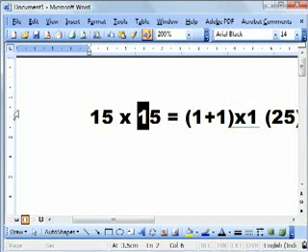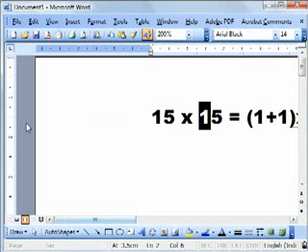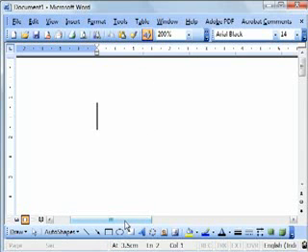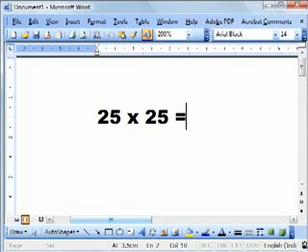Let's try another example. Let's try 25 square, 25 into 25. Straight away, once again, 2 plus 1. 2 is my first figure.